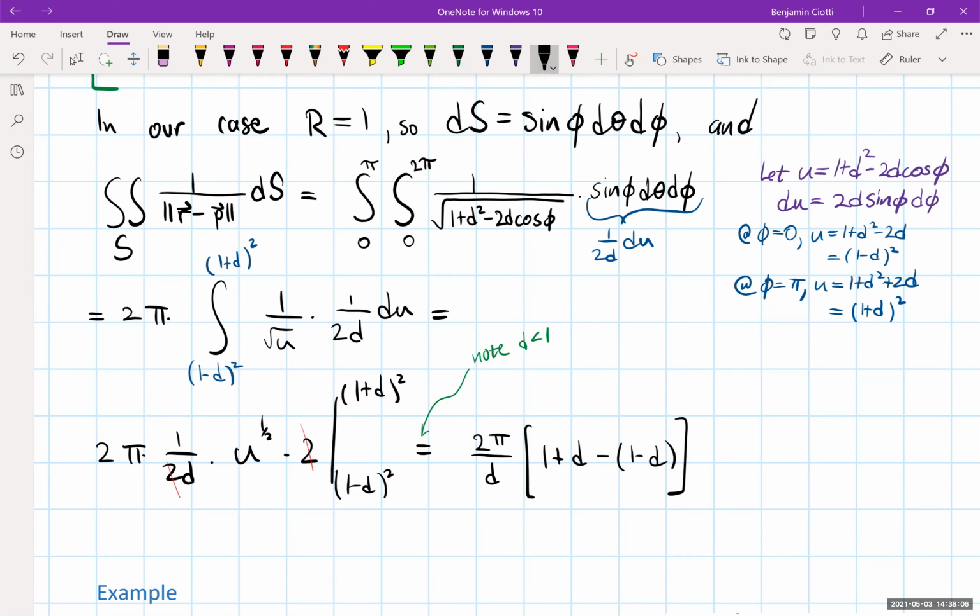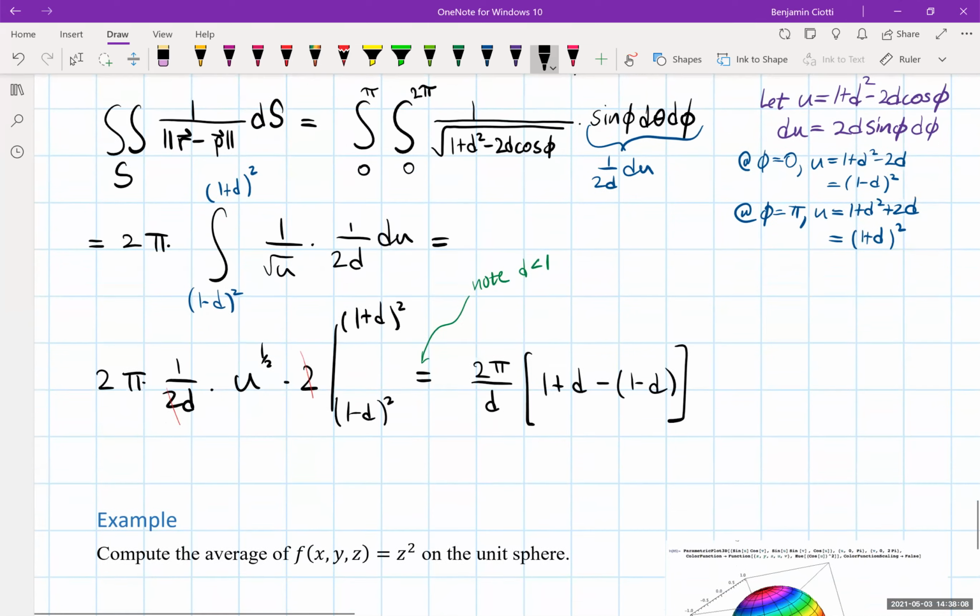Yeah, that's a good variation on this question, to do it for the case that the point P lies outside the sphere. Anyway, ones cancel. Get 2 pi times 2d over d, which all is 4 pi.